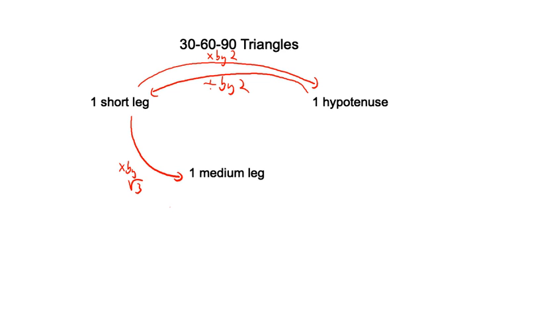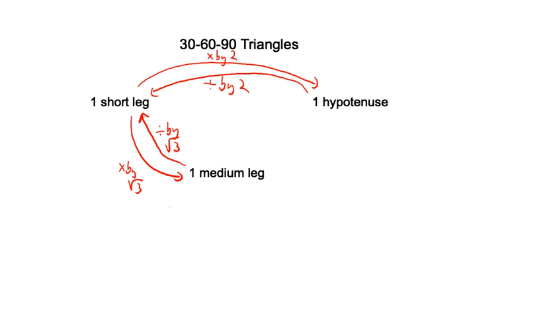If I know the length of the medium leg and I want to get the length of the short leg, I'm going to divide by the square root of 3. All right, now there is a way to convert between the hypotenuse and the medium leg, but if you can just remember this stuff here, you don't need to know it.